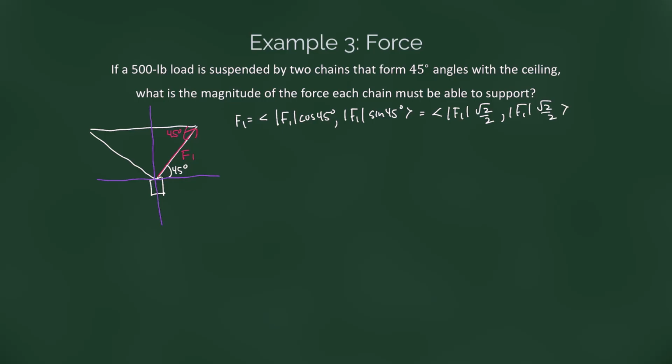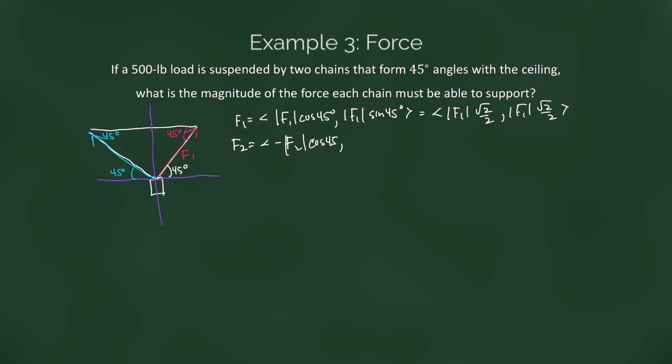F2 is going to be the force exerted by the second chain. Since that's in quadrant 2, where we still have a 45-degree angle here, our cosine is going to be negative. So F2 is going to be the negative of the magnitude of F2 times the cosine of 45.